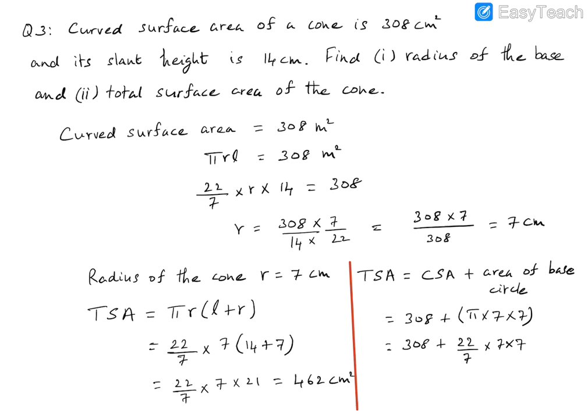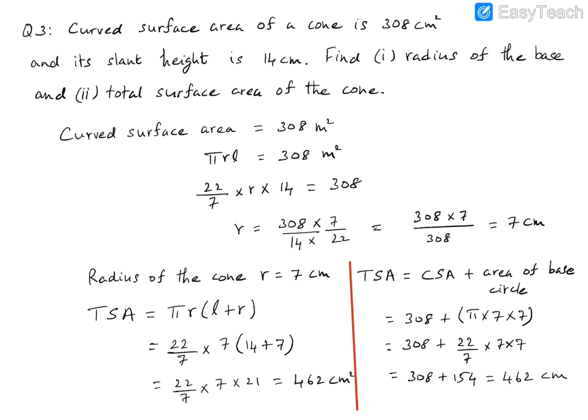So one of the 7's will cancel out, so we will get 308 plus 22 into 7. 22 into 7 is 154, so we get 308 plus 154, which should be the same as the 462 that we have obtained earlier. So it is just another way of calculating the total surface area.